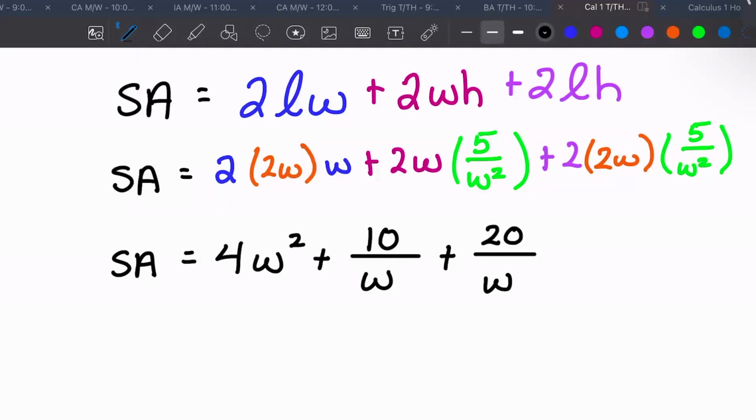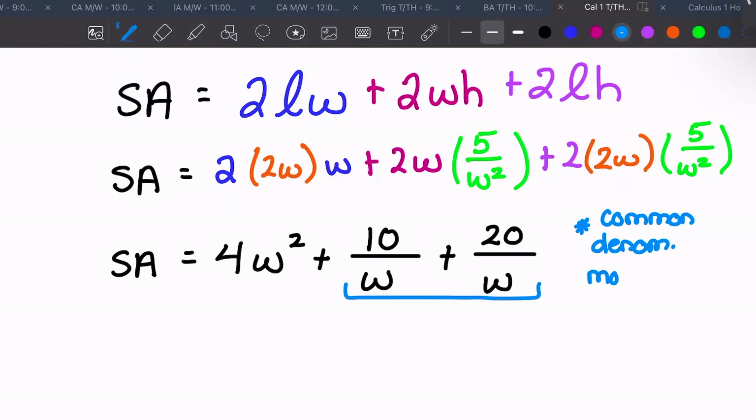Okay. So I'm just going to make a little note. In the next step, I'm going to notice that they have a common denominator. So I'm going to add the numerators and get 30 over W. But I'm going to move W up, because I'm about to take the derivative of it.